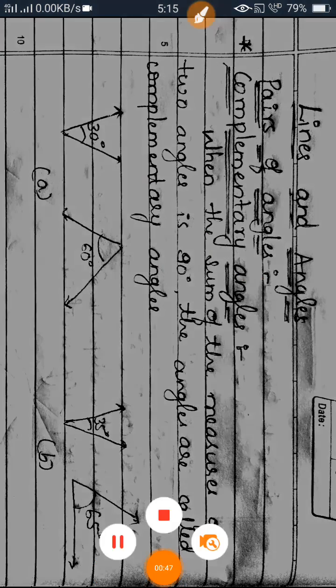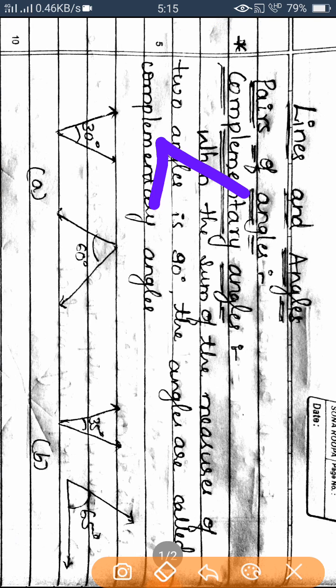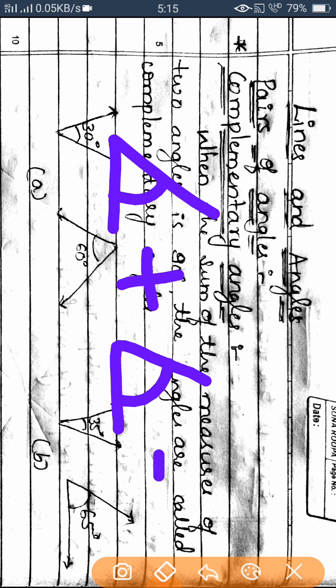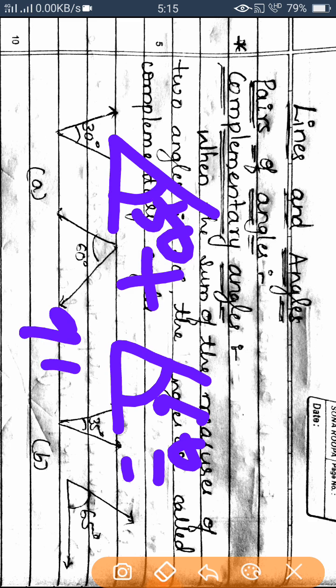Usually two lines intersect at a common point, and it gives an angle. In the same way, if two angles are formed and you compare them, maybe acute, maybe obtuse, and you add them, maybe 30 degrees and 60 degrees, then 30 plus 60 is 90.